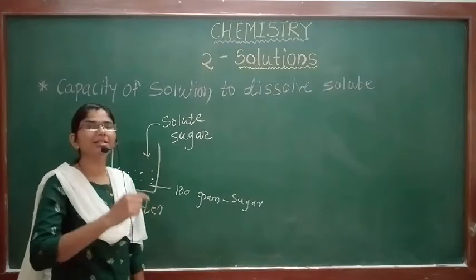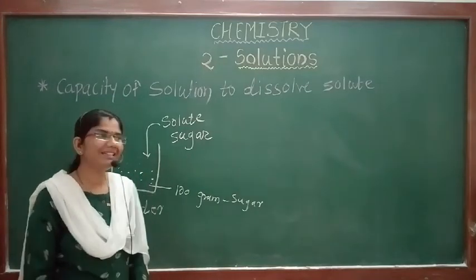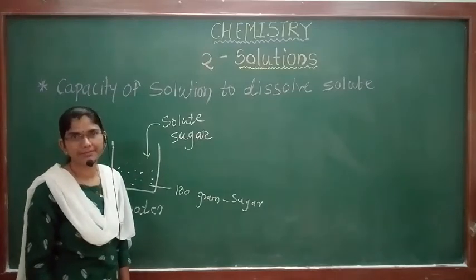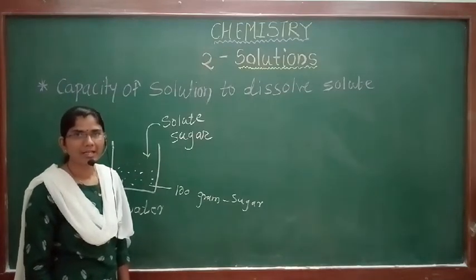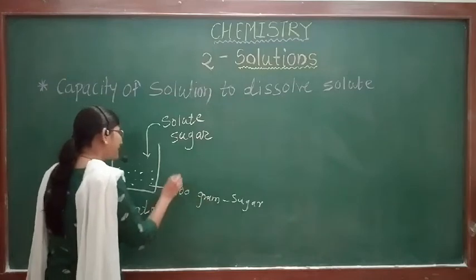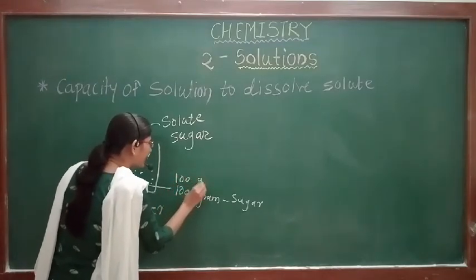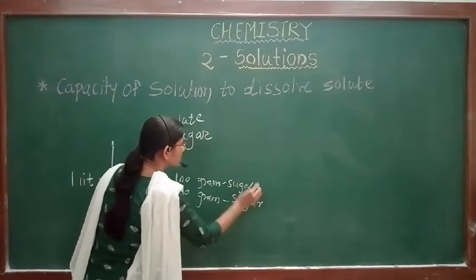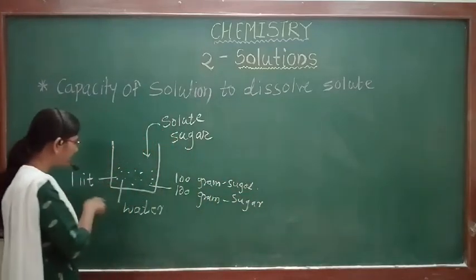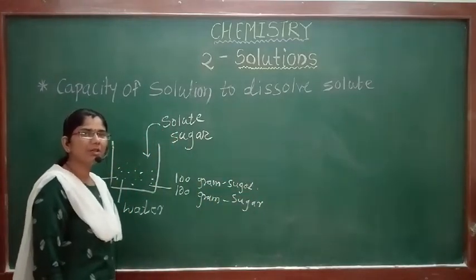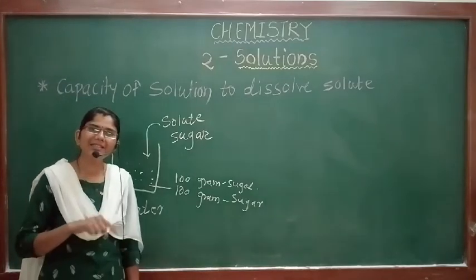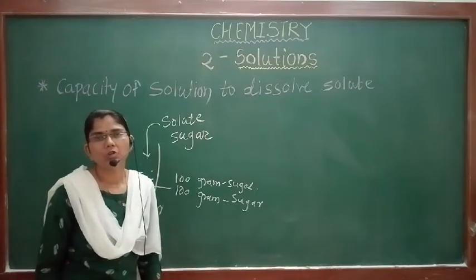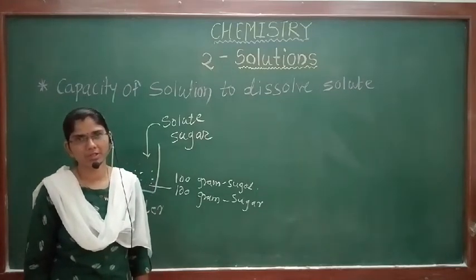If we add 100 gram of sugar, it dissolves in this 1 liter water easily. Then secondly, if we again add 100 gram of sugar, that means solute, in that 1 liter solvent, it again dissolves easily. It gets dissolved in that solvent and forms a solution.